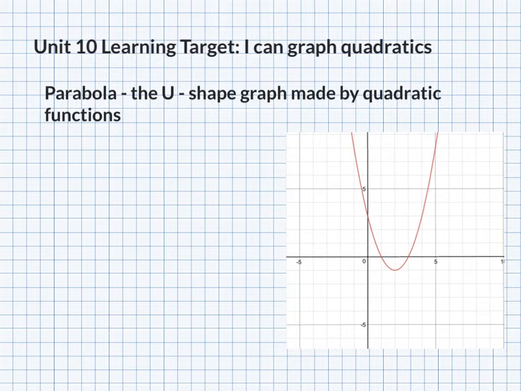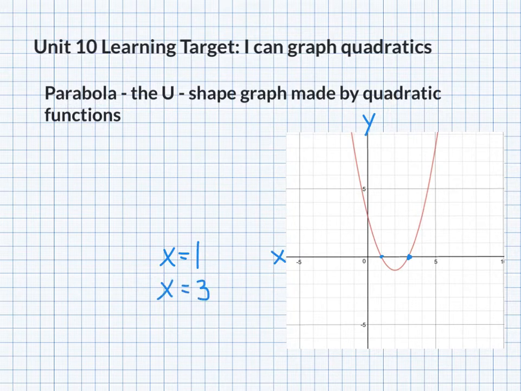Before I talk about how to graph it, I want to make sure we understand some really important information on this graph. First off, I can see the x-intercepts. Remember, the x-intercepts are made on the x-axis. Here's the y-axis. The x-intercepts look like x equals 1 and x equals 3.